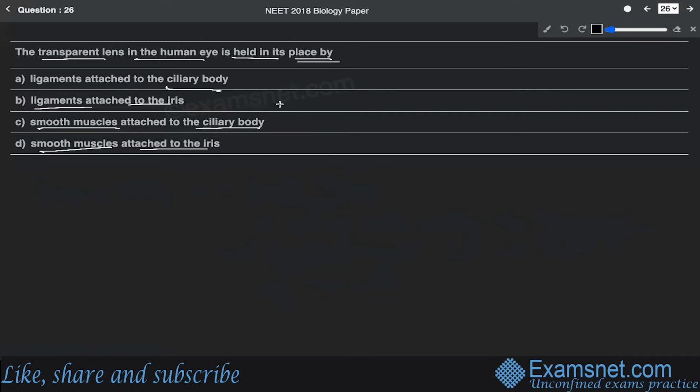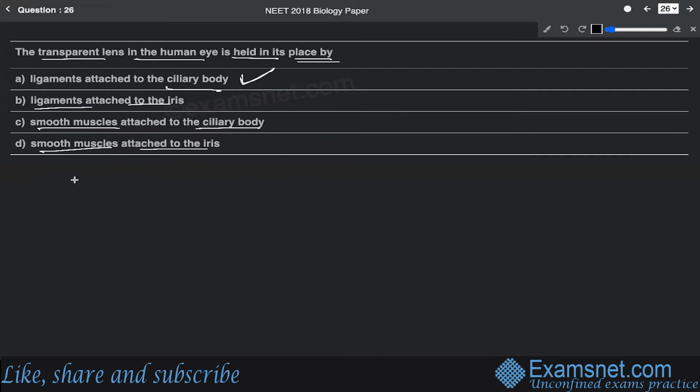Now let me tell you that the transparent lens is held together in position with the help of suspensory ligaments, and those suspensory ligaments are attached to the ciliary body. This is a very direct and very easy question. So that's why option A is going to be the correct answer.